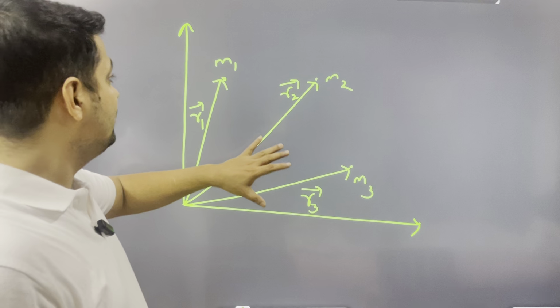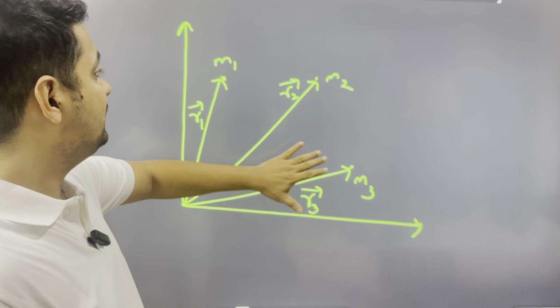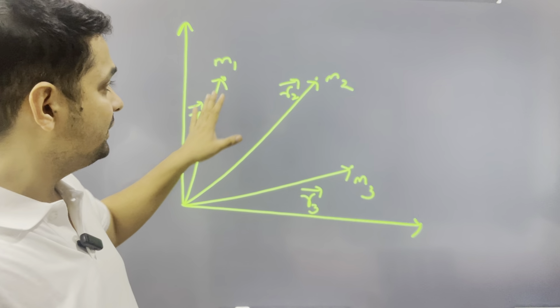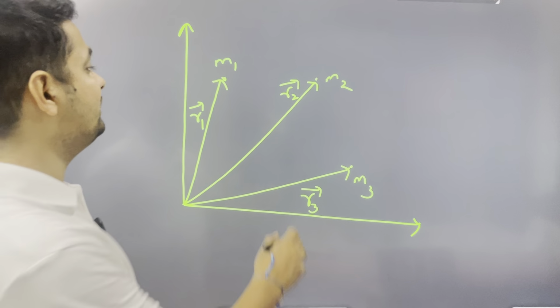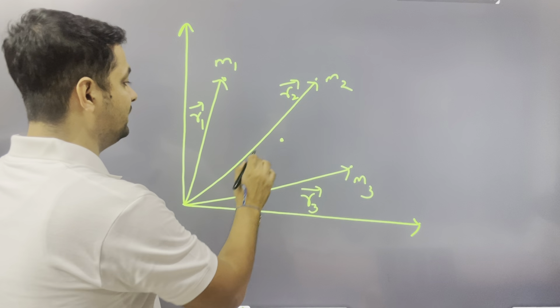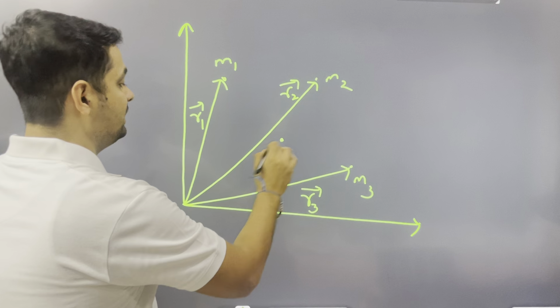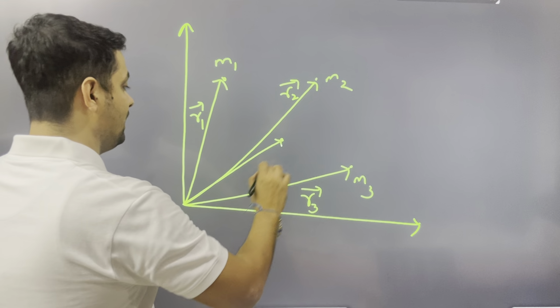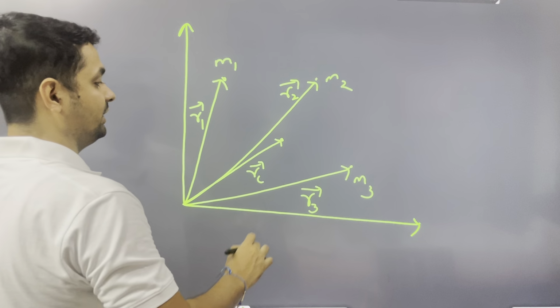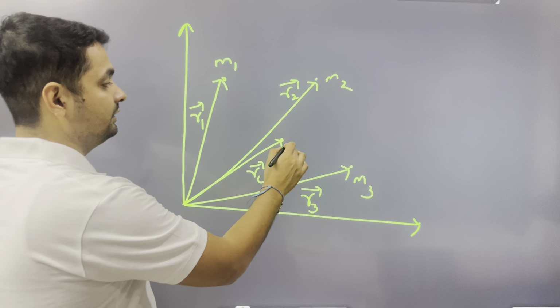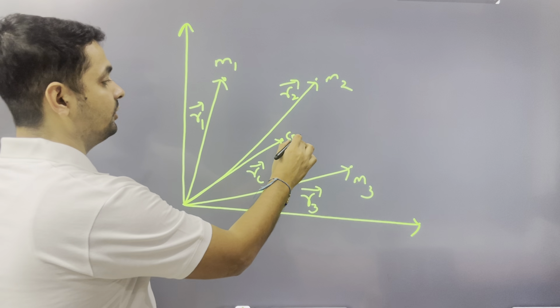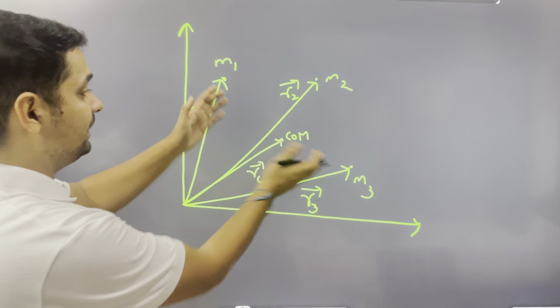Now let us consider m1, m2 and m3 as one system, and the center of mass is somewhere here. Its position vector will be rC vector. This is the center of mass of this three particle system.